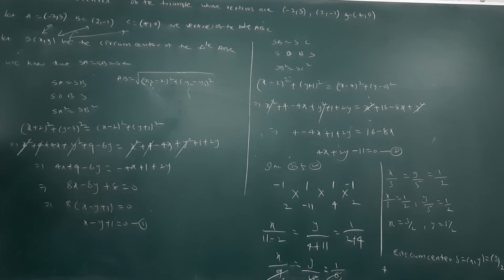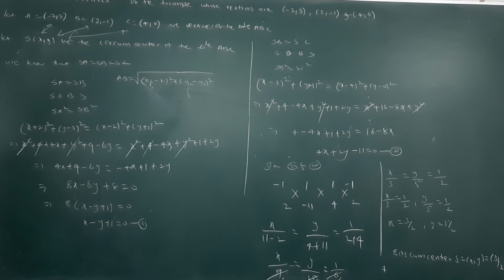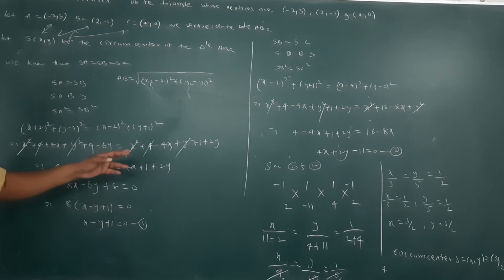What is a? x square, 2 square is 4, 4x, plus y square, 3 square is 9, 2ab, 2 3s are 6y. Similarly, the remaining terms cancel, being the same terms on both sides. x square cancels, y square cancels, 4 cancels. 4x plus 9 minus 6y is equal to minus 4x plus 1 plus 2y.